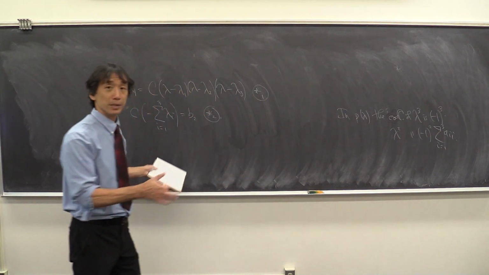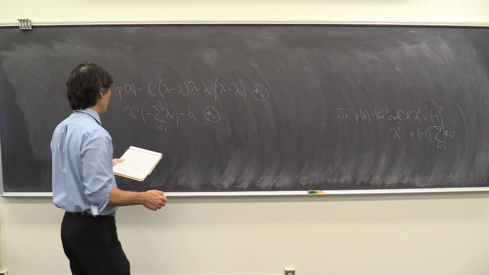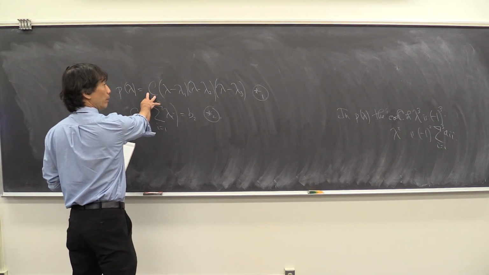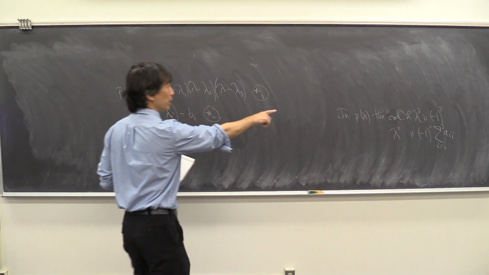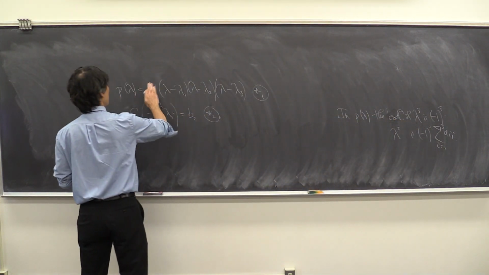Okay, so now we just need to put those things together. The coefficient of lambda cubed was -1 cubed, so let's just replace that here.